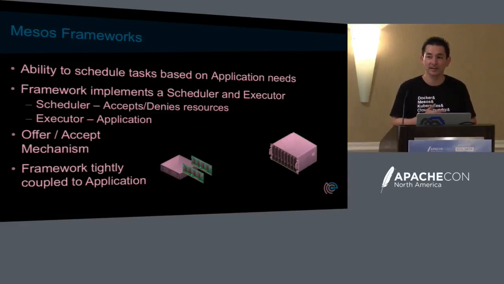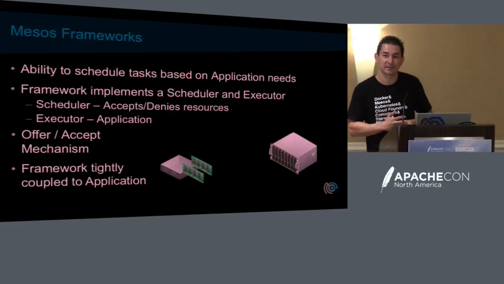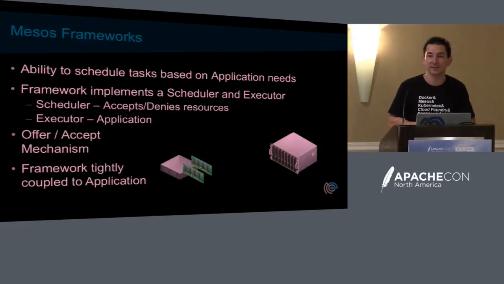So tightly coupled that if you wanted to do something beyond deploy and configure your application, you could monitor your application, right? If you wanted to do health checks and stuff like that, they're very specific to your app. As an example, maybe you have a Postgres database and you want to make sure that one of your databases under Postgres is available, you could implement a health check that does something like that. So a framework gives you that specificity to your app.